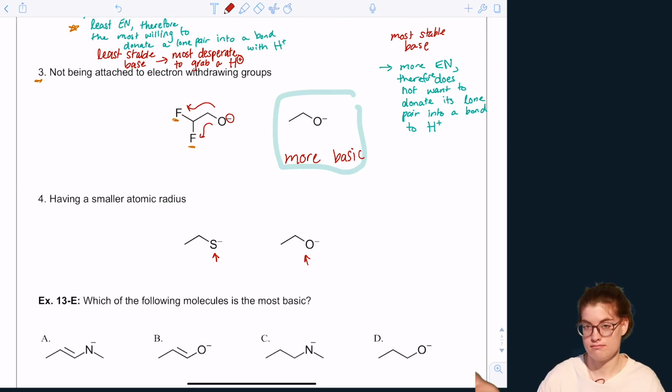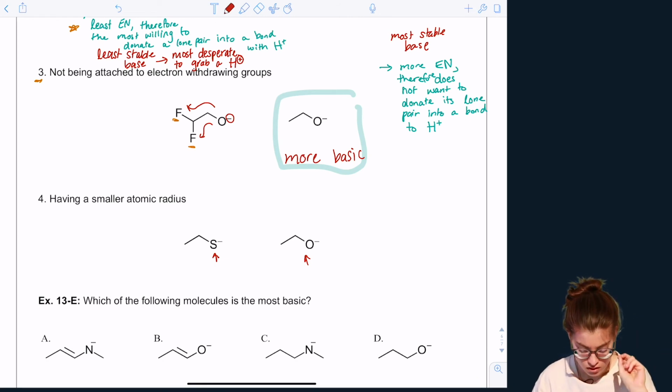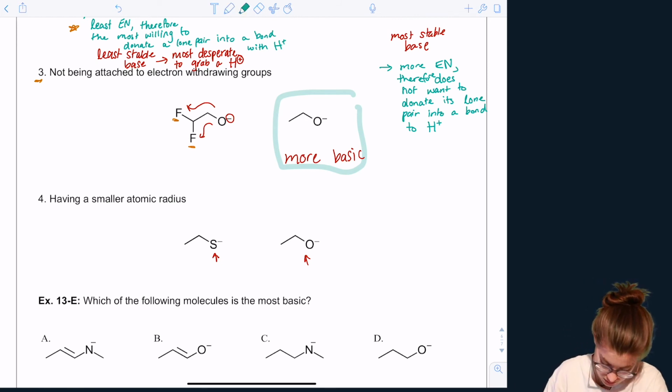So again, the way I like to think about it is desperation. So the oxygen is going to be more into seeking out a proton than the sulfur is. Anything else? I think that's pretty much it for that one. So let's say more basic.